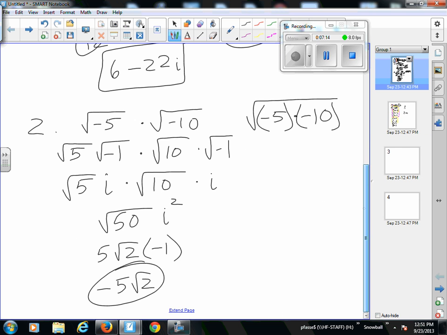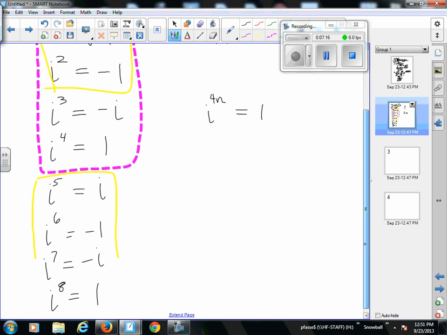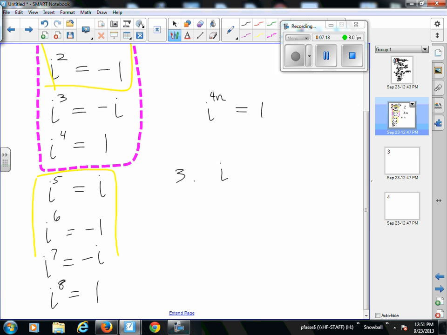Therefore, here's your example number 3. If I have I to the 67th power, I know if I can break this down into I to some exponent that is a multiple of 4, that will turn into 1.